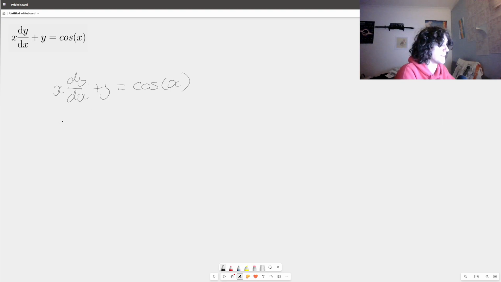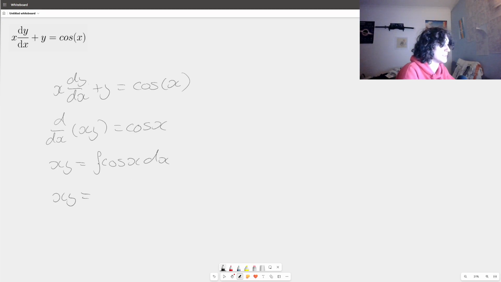Now I can simplify this straight away to be d by dx of xy, and this is going to be equal to cosine of x. If I integrate both sides, then we get xy is equal to the integral of cosine of x with respect to x. So xy is equal to the integral of cosine of x, which is sine. Sine differentiates to cos, cos integrates to sine. So this is sine of x, and this is plus c.